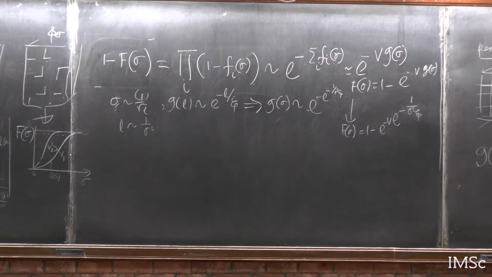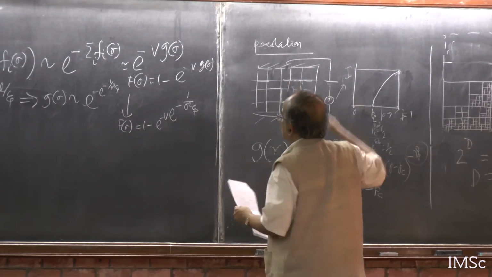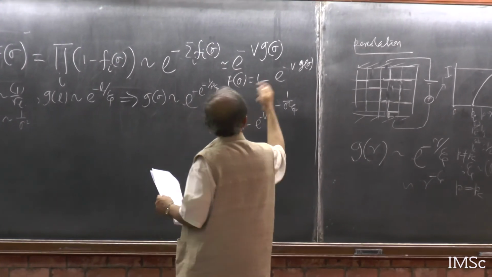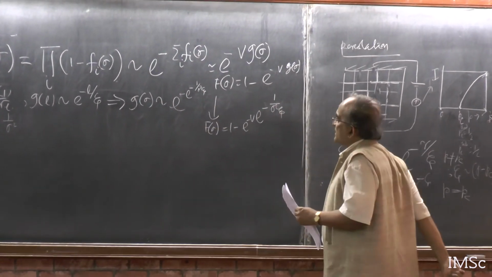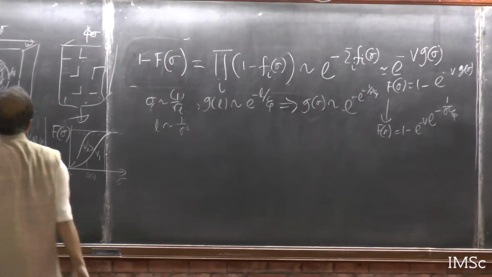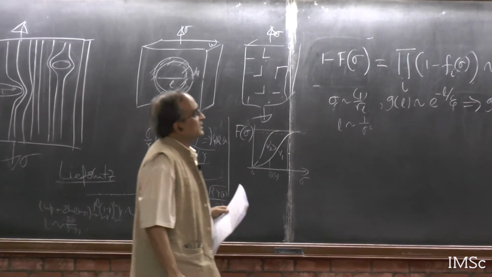This is the Gumbel form, and if you put f sigma as some finite value, say 0.8 or 0.9, that is failure probability 90%, because to get f sigma exactly 1, you may have to go to really large sigma.